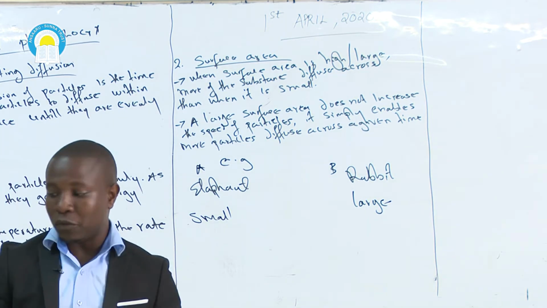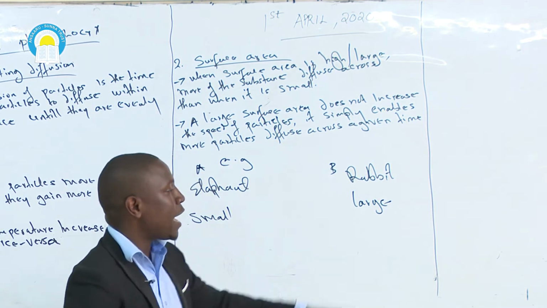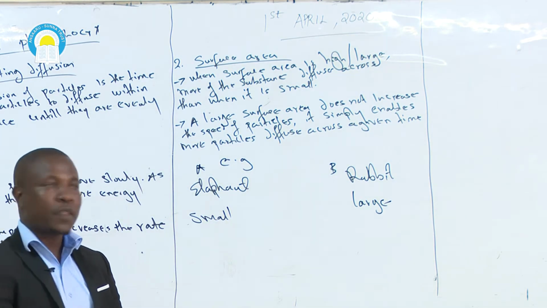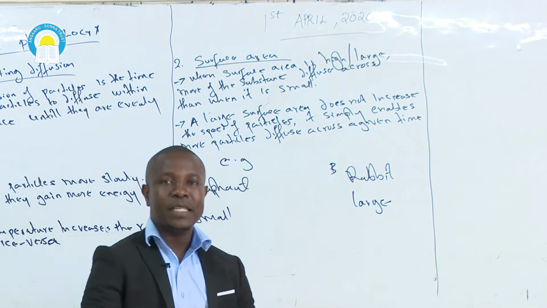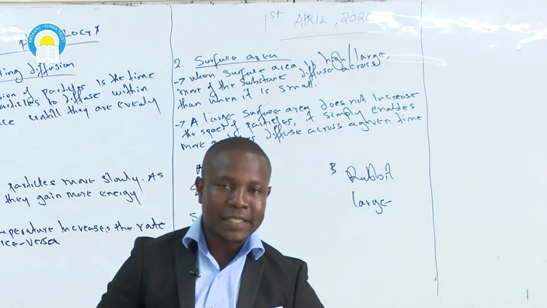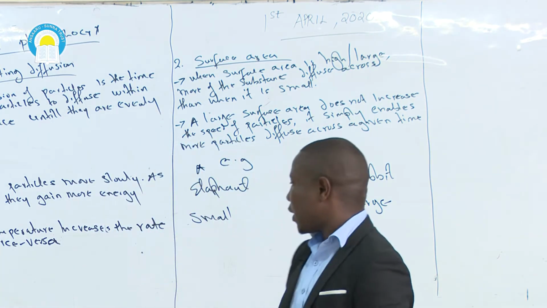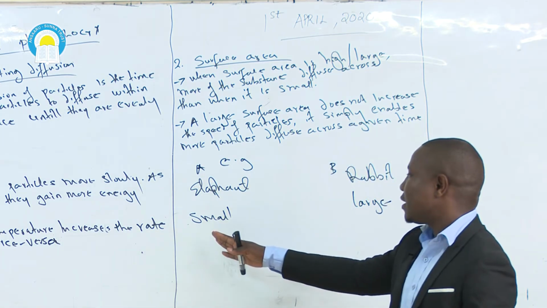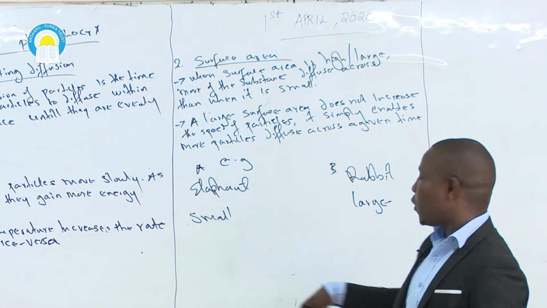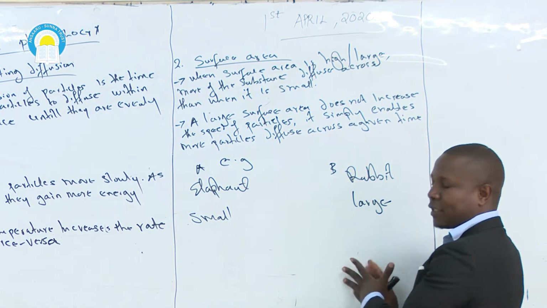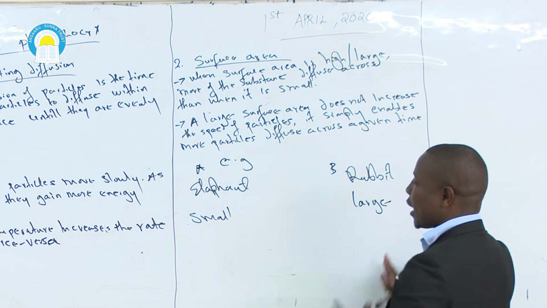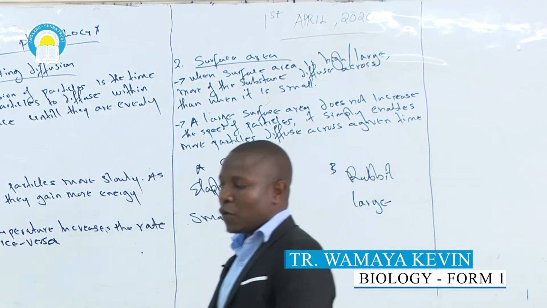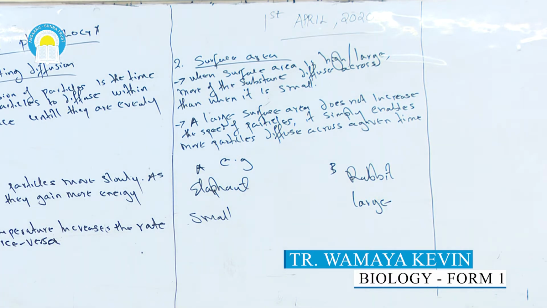So the rate of diffusion in the rabbit will be higher than in the elephant. That's why the rabbit is active and can move quickly from one point to another, but the elephant's speed is slow. So when the animal is very active, the rate of diffusion is also active. We say it has a large surface area to volume ratio compared to the elephant.